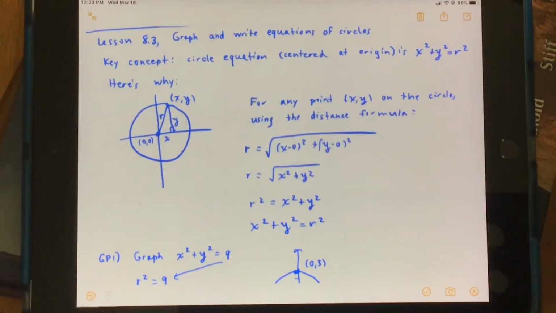So I've drawn a picture of a circle centered at the origin, and I've picked any random point on that circle and labeled it x comma y. So there's the ordered pair for any point on the circle. We can call it x comma y.